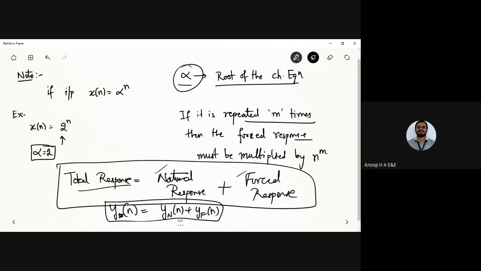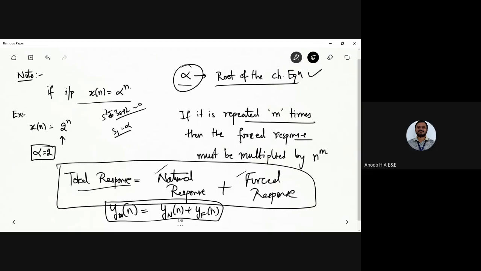So now I want to repeat once again, if the input is alpha power n, so any alpha power n multiplied with cos or n times alpha power n, I have alpha being the root of the characteristic equation. For example, s squared minus 3s plus 2, some equation I just wanted to write here. So I have s1 being equal to alpha.